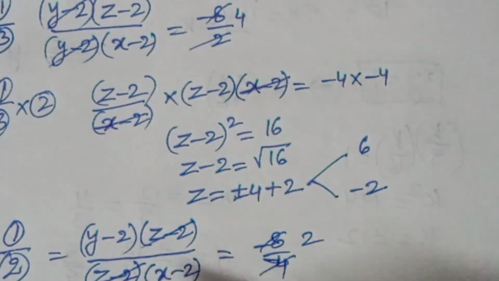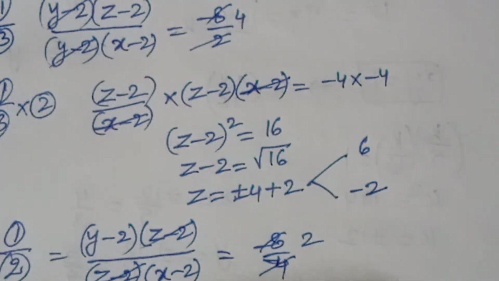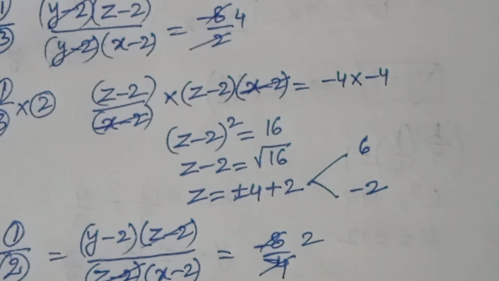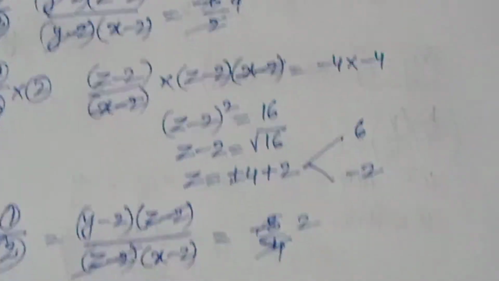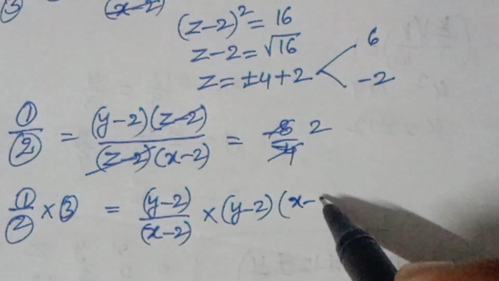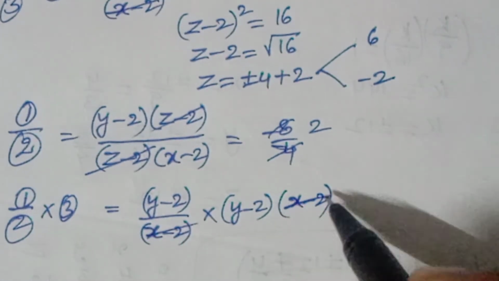So z minus 2 cancels. Now 1 by 2 is multiplied with 3, so y minus 2 by x minus 2 is multiplied with y minus 2 into x minus 2. x minus 2 cancels.